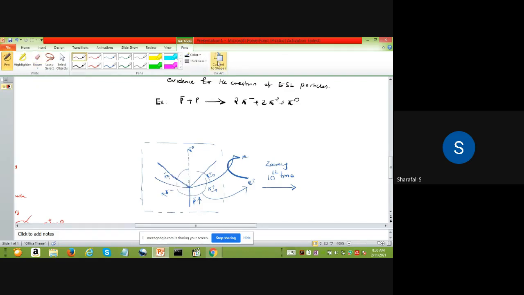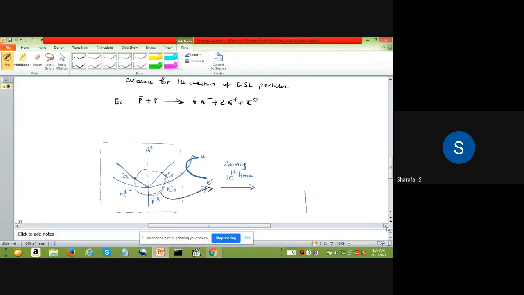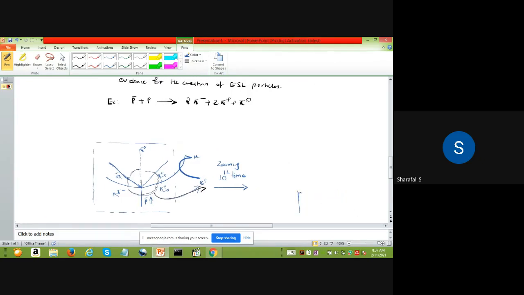Zooming this particular area 10 raised to 12 times will give me a photograph like this.